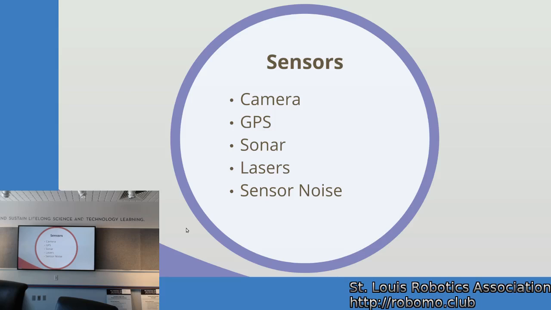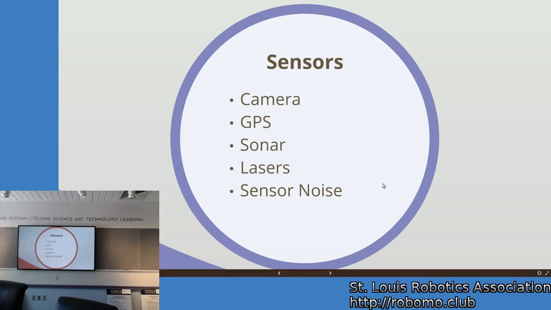If you've worked with real world robots, you don't get clean data. If that's 10 meters away, you're going to get 9.9, 10.1, whatever variations. You can actually feed that information into Gazebo saying this is the quality of my laser, this is my environment, then I want a little bit of fuzzy data to make sure that my robot can actually handle that.